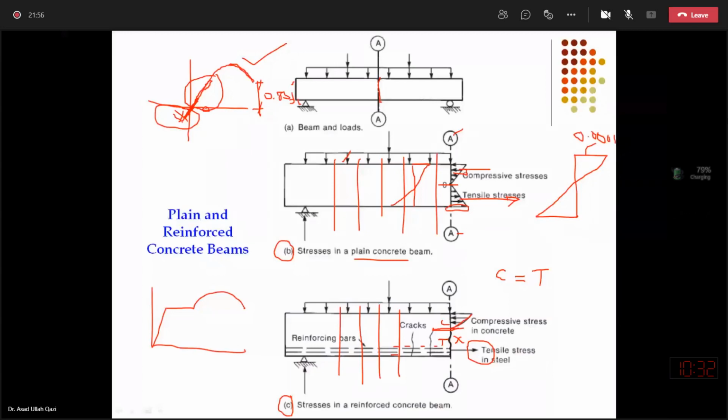I will measure the stress. If the stress will become 0.0003, I will say this is the strain, and then based on my stress strain relationship, this is the stress. So I will keep on measuring the strains, and the corresponding stress I can get from stress strain curve. Same is with the steel.